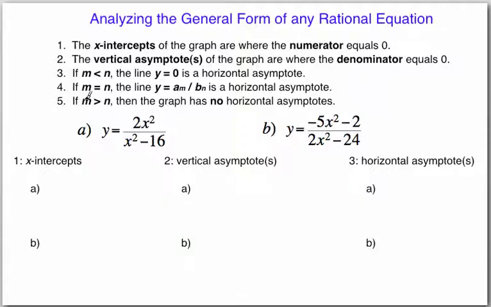But we can start at the beginning because for all rational functions, no matter what, the x-intercepts always are when the numerator equals 0. So let's look at that for a. This would be when 2x squared equals 0, and 2x squared would equal 0 when x equals 0, because you divide both sides by 2 and take the square root of 0 and you end up with 0.